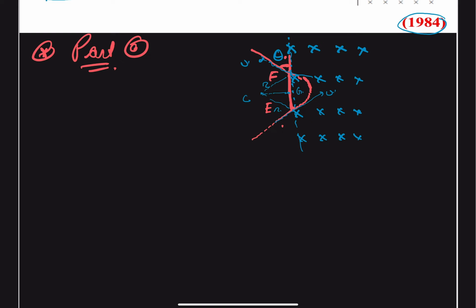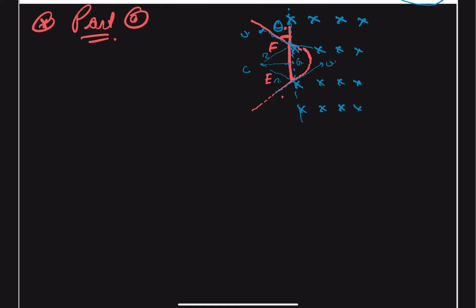So let me redraw this particular figure here. This is F, and this is point E, and we have a velocity vector in this direction at this point, and here we are also going to have a velocity vector, which will obviously be tangential to this curved path.